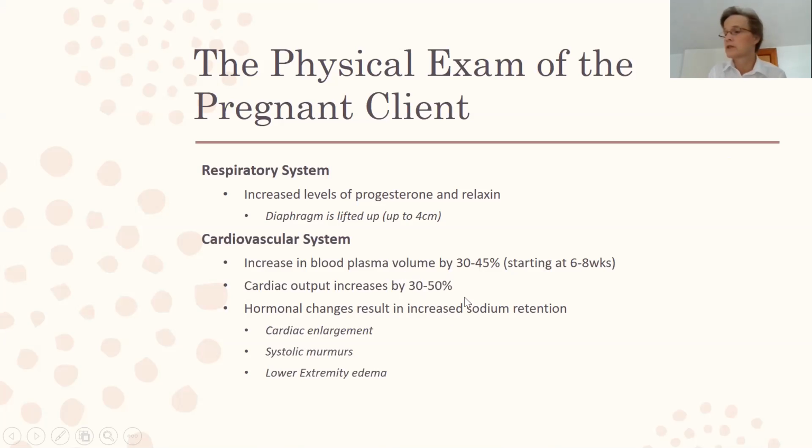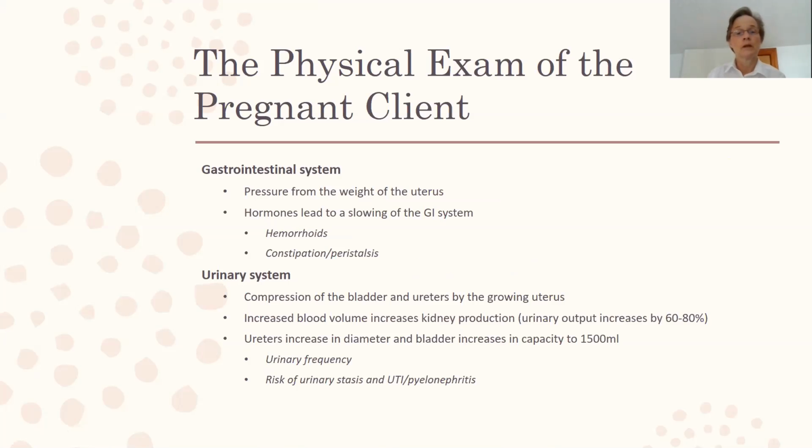Cardiac output increases, again, because you have a baby growing inside. Hormonal changes can result in sodium retention. Sodium retention can cause swelling. It can cause heart enlargement, systolic murmurs, lower extremity edema. These are in your basic health assessment knowledge base that you should know.